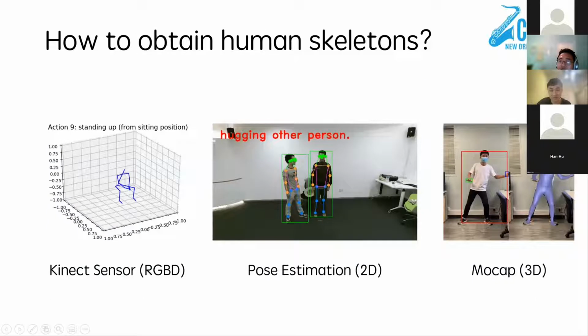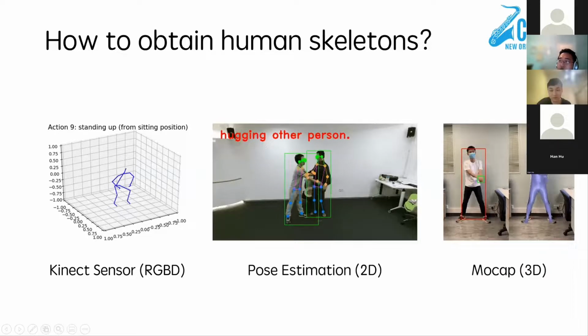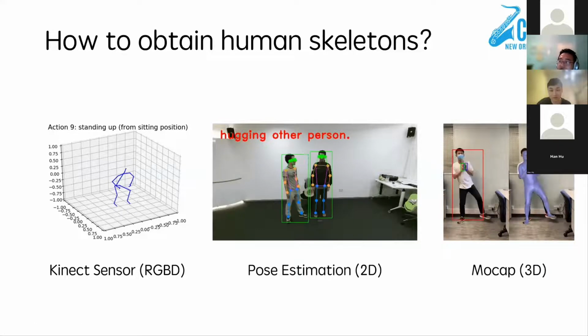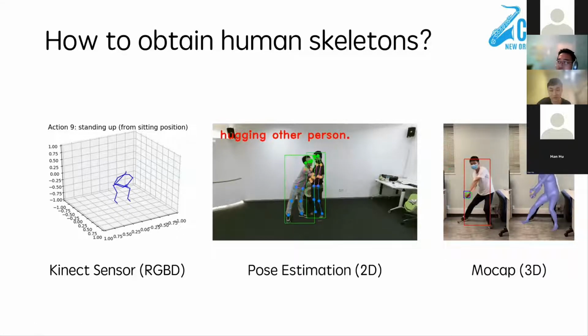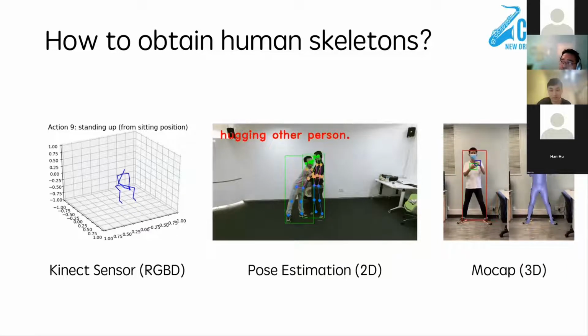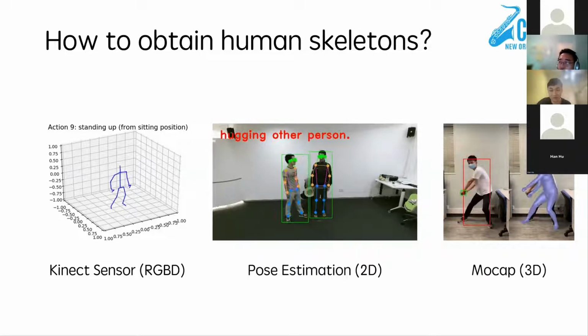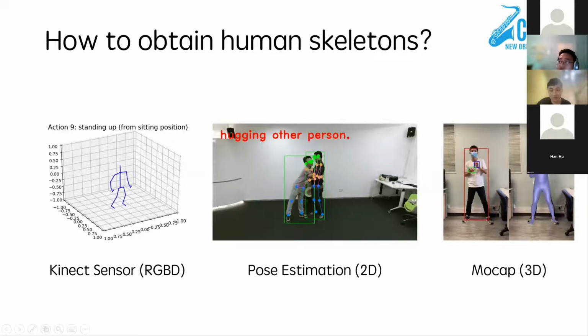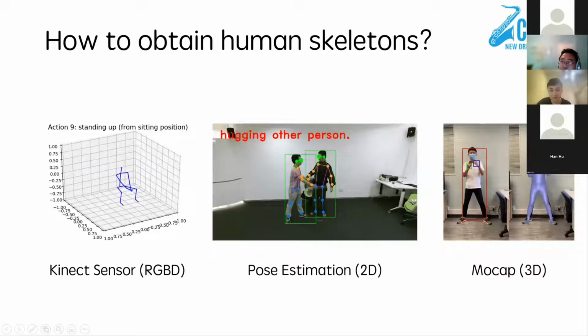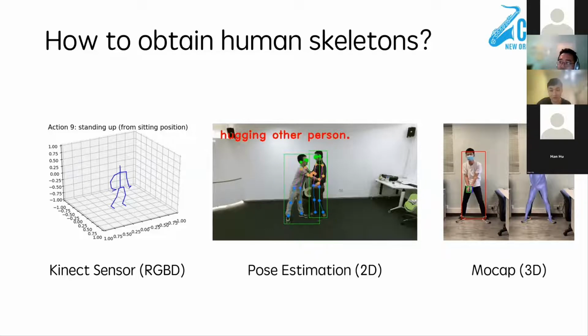The skeleton data fed to the action recognizer can be obtained via various approaches with no need of manual labeling. The NTU-RGBD dataset uses a Kinect sensor to collect the 3D skeletons, while the collected skeletons are noisy and of low quality. Another approach is to use 2D pose estimators to extract 2D skeletons in a video.